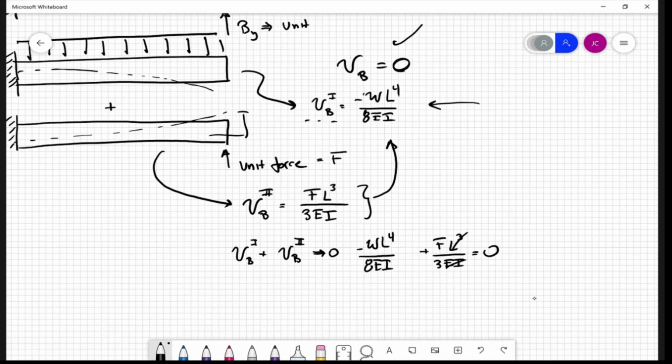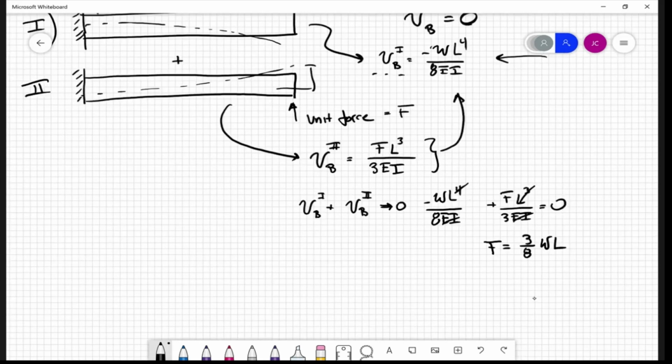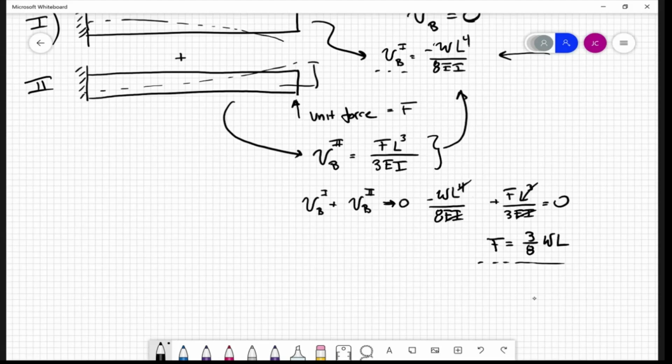And if that's the case, the EIs cancel out, and if we divide by L cubed, I just get left with one L there, and now I get F is equal to 3/8 W times L. So that means we now know what the reaction force is at that point, in terms of W and L.